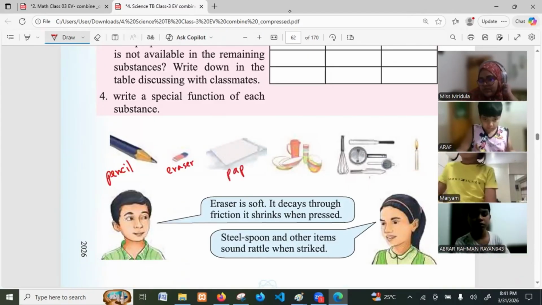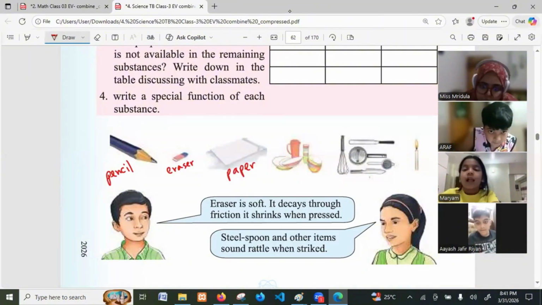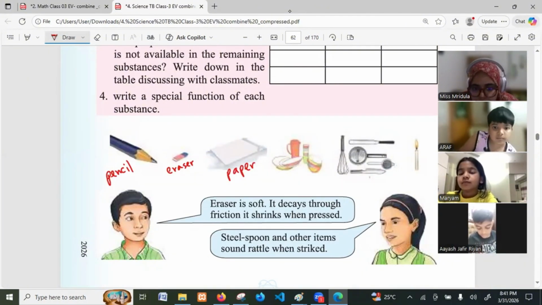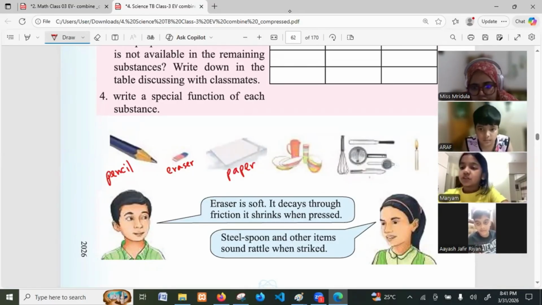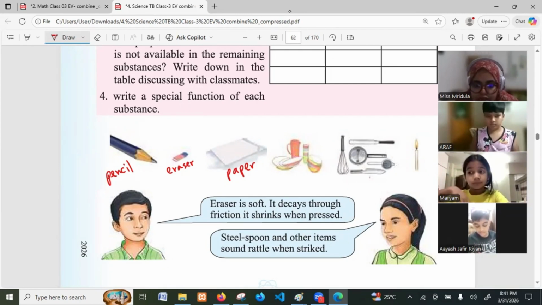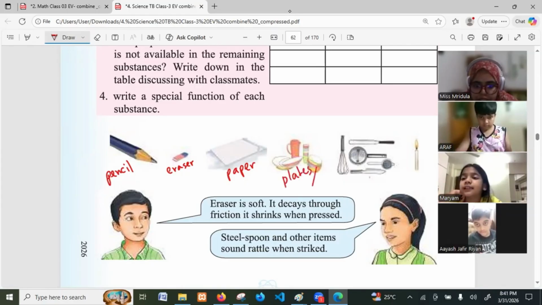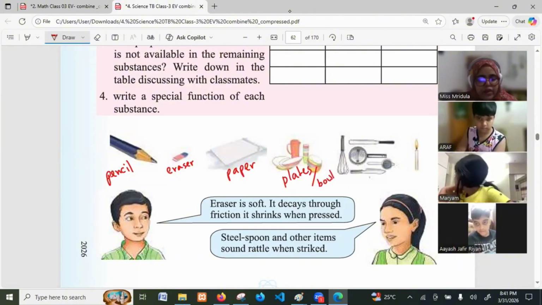Is it a paper? What about the plates, the jugs? These are the cookeries, because they are the utensils. So we can write plates, bowls, mugs, jugs, whatever we want.